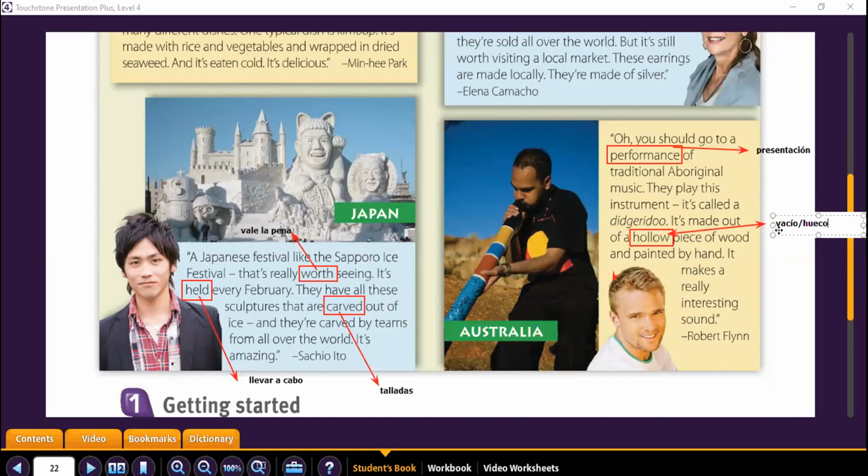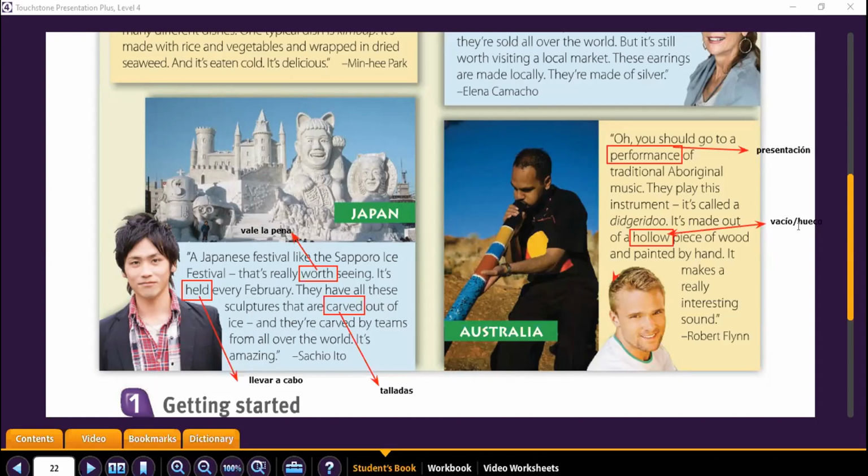So it's made of a hollow piece of wood. Está hecho de un pedazo de madera hueco, ¿no? O con vacío adentro. Como el bambú, teacher. ¿Mande? Más o menos como el bambú. Ajá, exactly. Like the bamboo. Ujú. Como el bambú o la caña guadúa en nuestro caso.